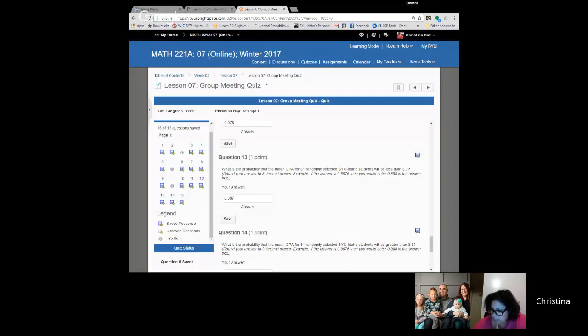Rounding, negative 0.29. So let's go back to the applet and put it in. The question is asking less than. Yeah, I get the same. I get 0.387.